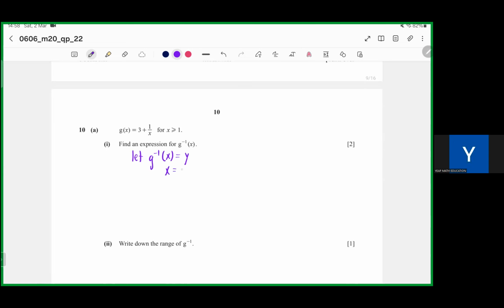So x equals g(y) equals 3 plus 1 over y. Okay, x minus 3 equals 1 over y. So y will be 1 over x minus 3. So the inverse of g(x) is equal to 1 over x minus 3.